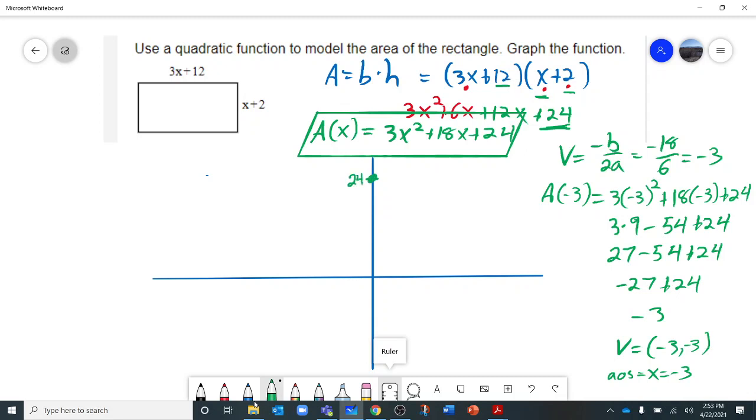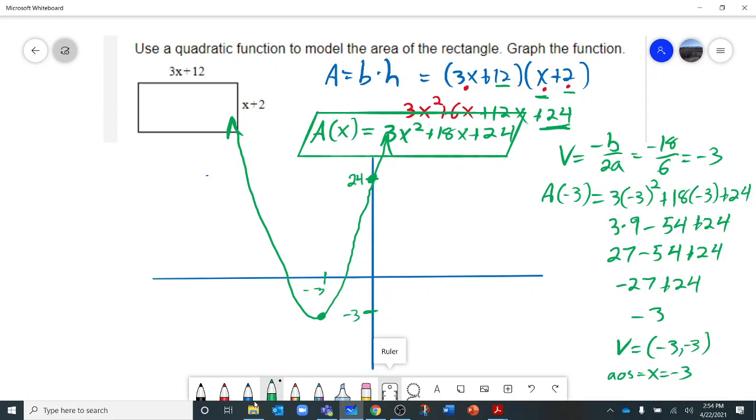There's our y-intercept. And then our vertex, I'm going to put at, and the scale on this is going to be off, it's just so I can graph it more than anything. Because that's 24, and somehow this is negative 3. So that's negative 3, this is negative 3. Our vertex would be right here, and we're going to have a parabola going up like that, and going up like that.